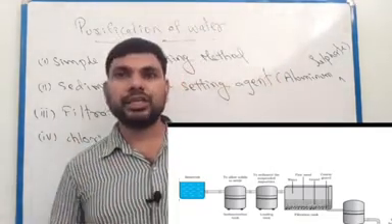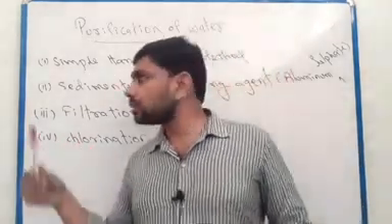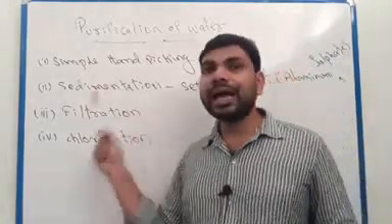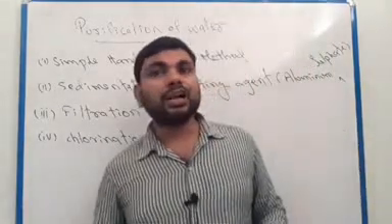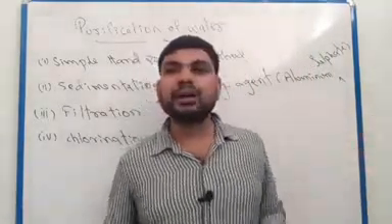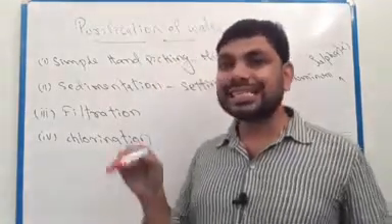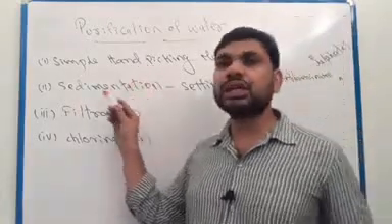So these are the different steps to purify water: simple hand picking method, then sedimentation. Remember, aluminum sulfate is used as the setting agent. Then filtration, chlorination.